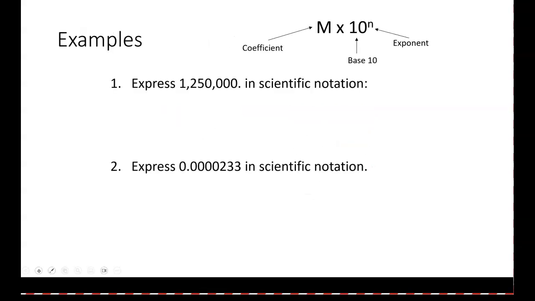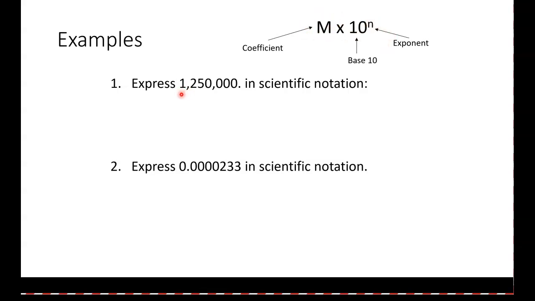If we wanted to express a number in scientific notation, here we have 1,250,000, and we need to put our coefficient multiplied by 10 to some power. Let's figure out what our coefficient will be and what our n will be.